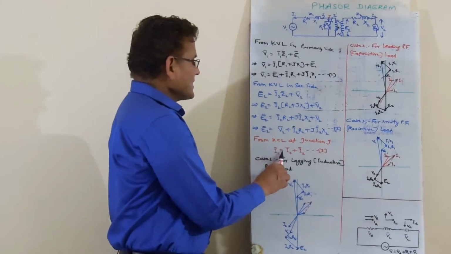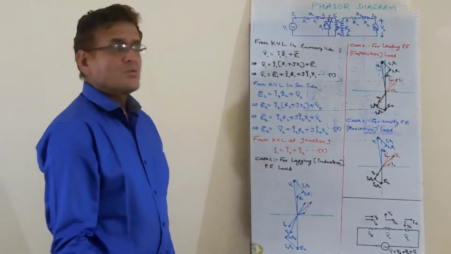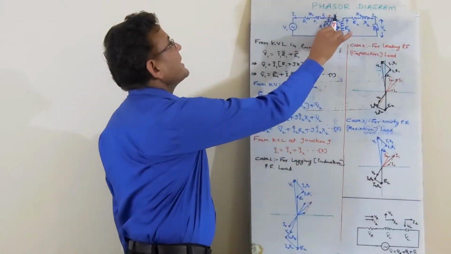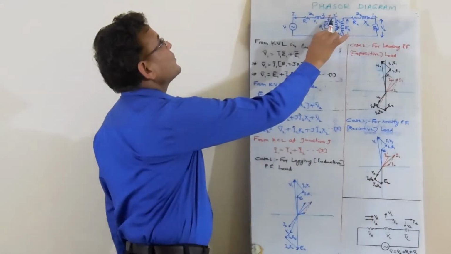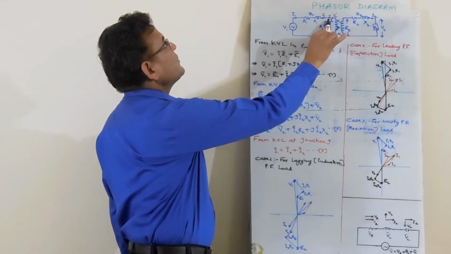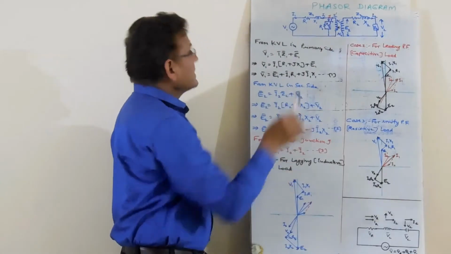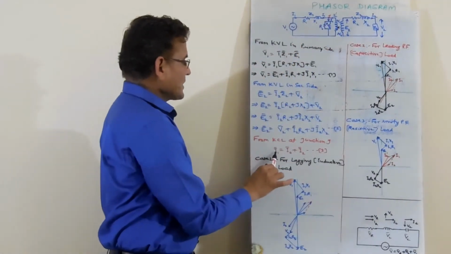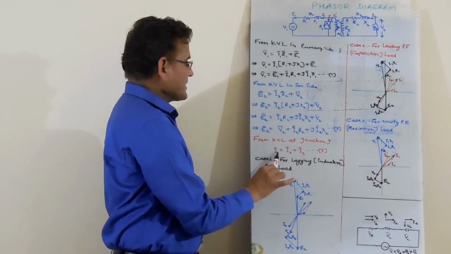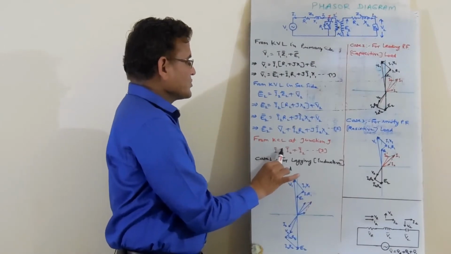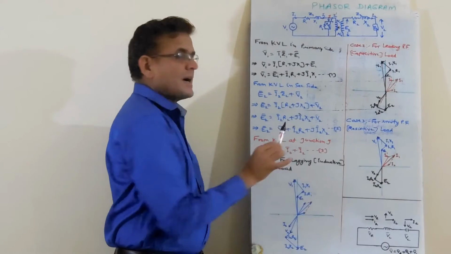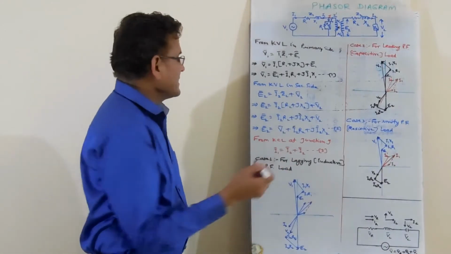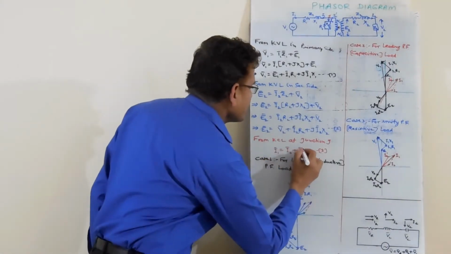So I1 is equal to outgoing currents I0 and I2 dash, and the vector sum of I0 and I2 dash will be equal to I1. So vector I1 is equal to I0 plus I2 dash.